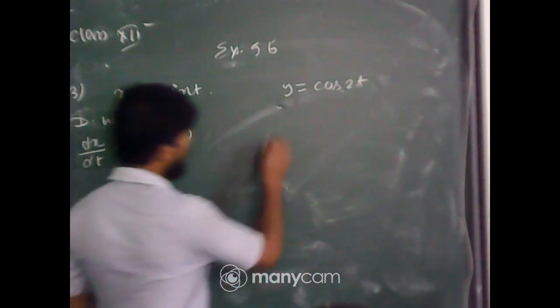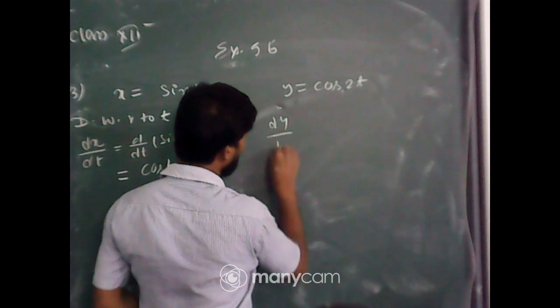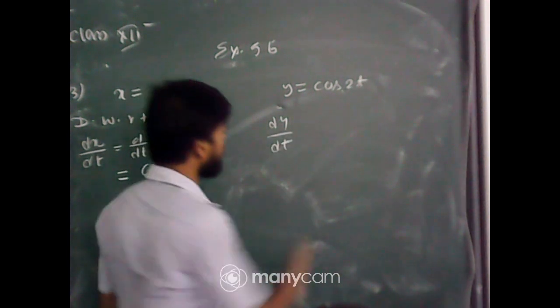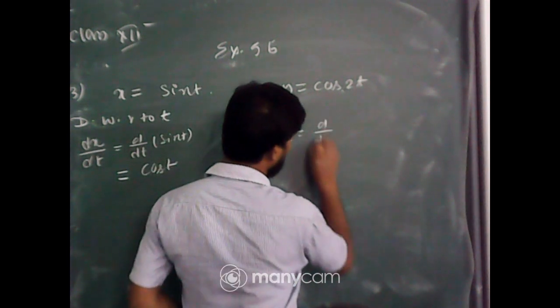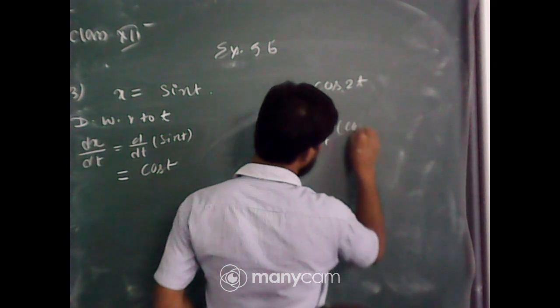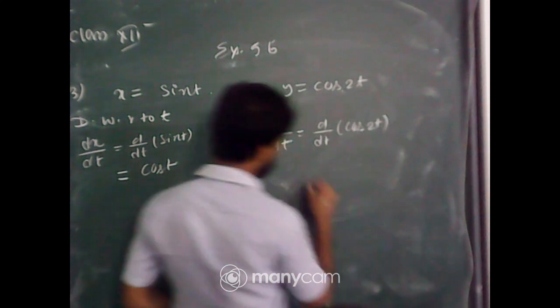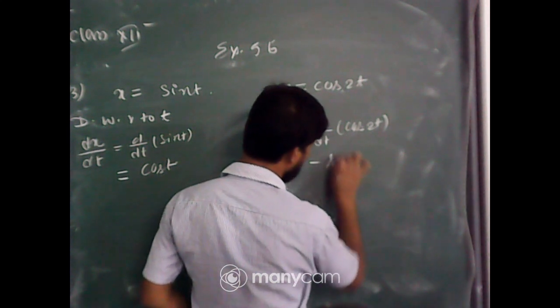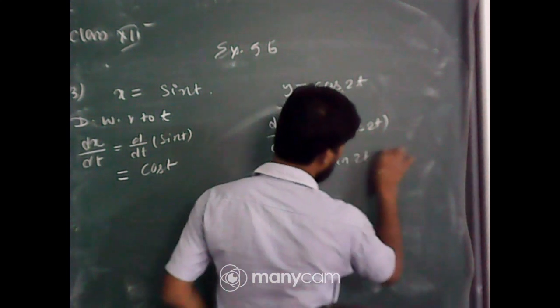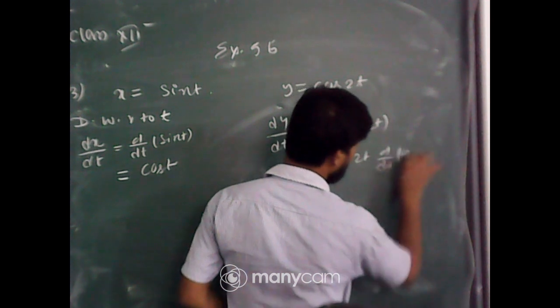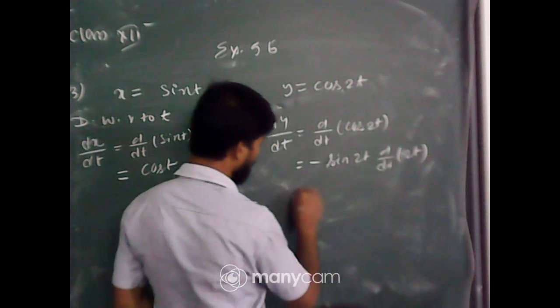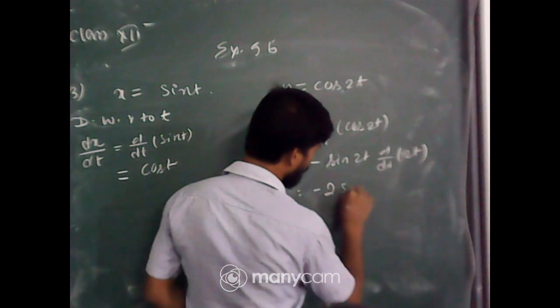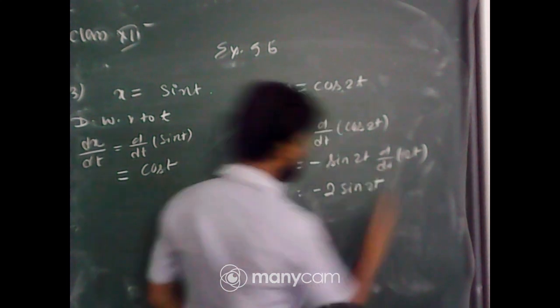Similarly, from here differentiate y with respect to t. So dy/dt will be d/dt of cos 2t, and the derivative of cos is minus sin 2t into the derivative of 2t, which means minus 2 sin 2t.